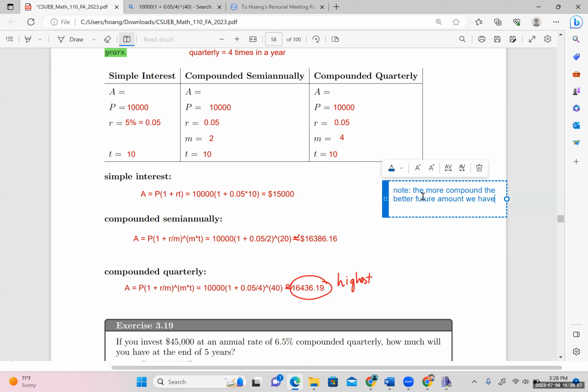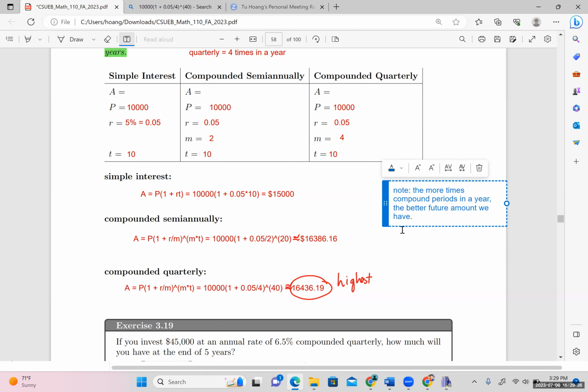So the more compounding periods in the year, the better future amount we have for the account, right?